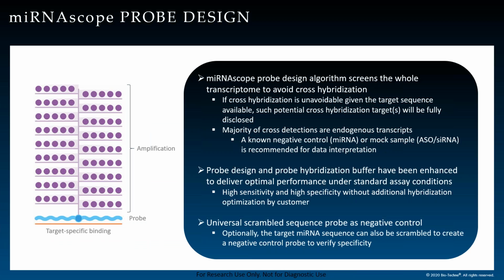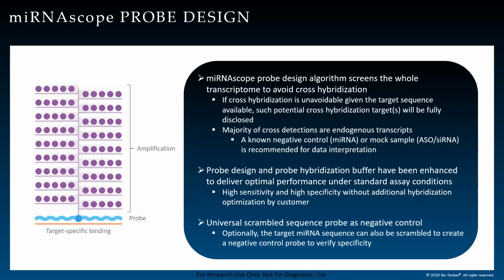Next, what are the specifics of the miRNAscope probe design that makes the assay highly sensitive and specific? The miRNAscope probe design is a brand new design strategy, but leveraging our core RNAscope technology. The design algorithm screens through the whole transcriptome to avoid any cross-hybridizations.